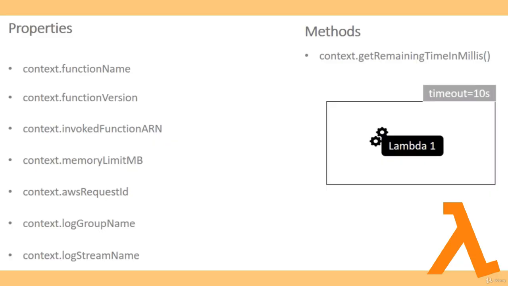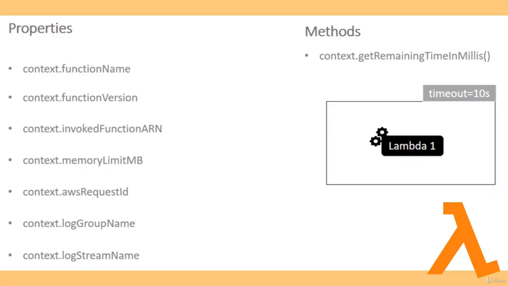We can check dependency based on a certain version. Similarly, each Lambda function has a separate Amazon Resource Name or ARN that can be invoked using the context.invokedFunctionArn method or property.